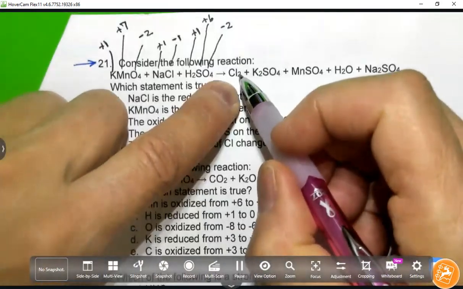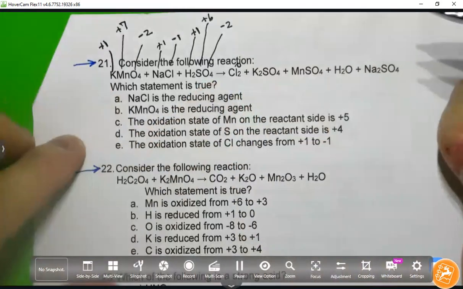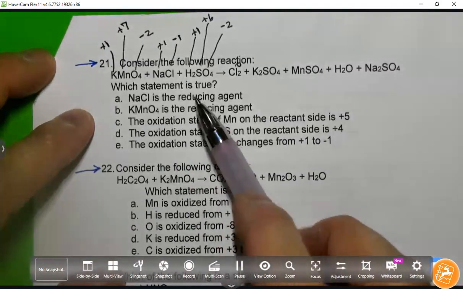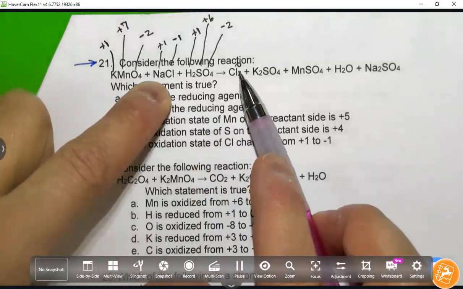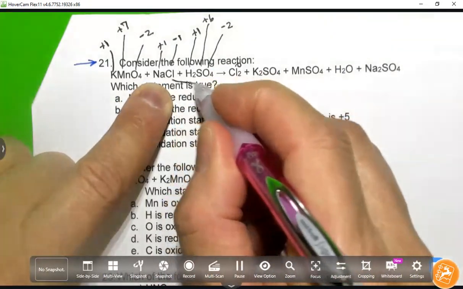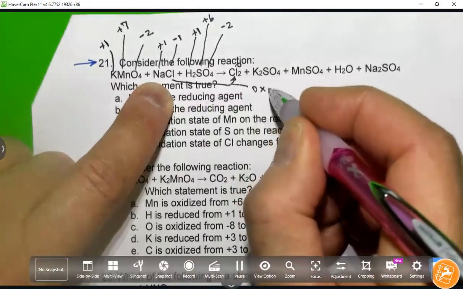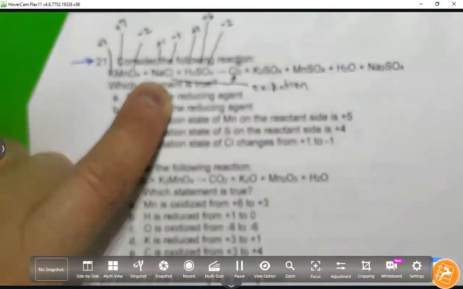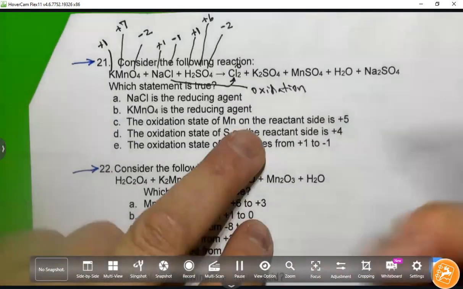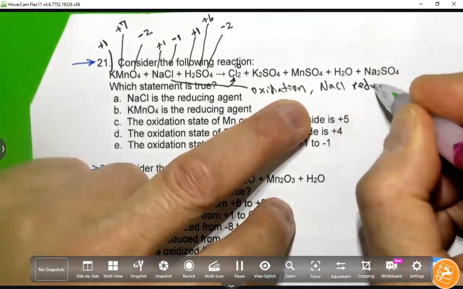What's the charge of chlorine by itself? 0, right? So right now, I know that chlorine went from -1 to 0. Is that oxidation or reduction? That right there is becoming more positive, right? That's oxidation, which means NaCl is the reducing agent.